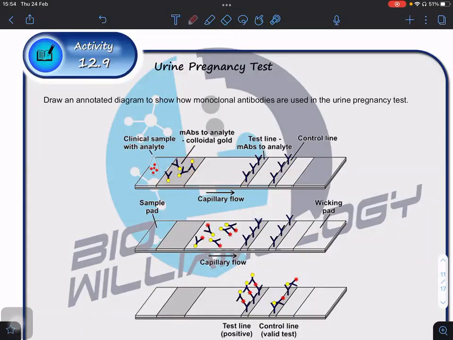So what we test for in the urine pregnancy test kit is HCG, human chorionic gonadotrophin hormone. This hormone is only released when a female is pregnant.